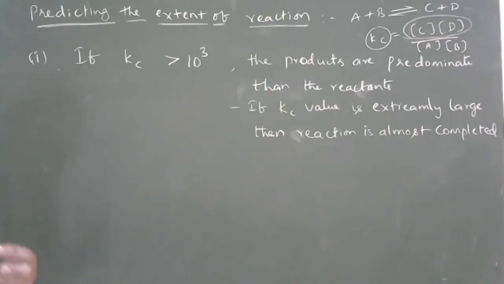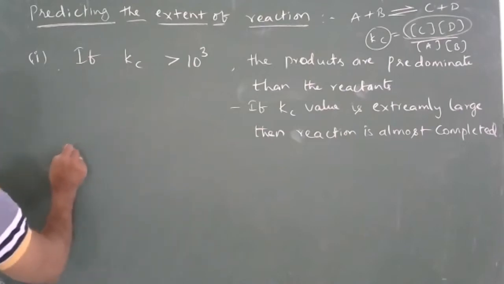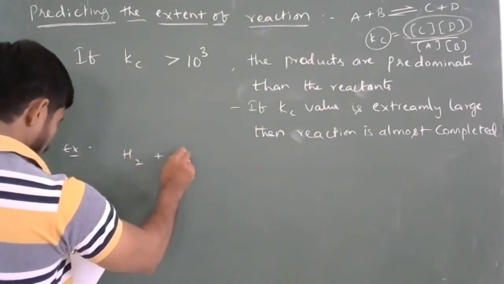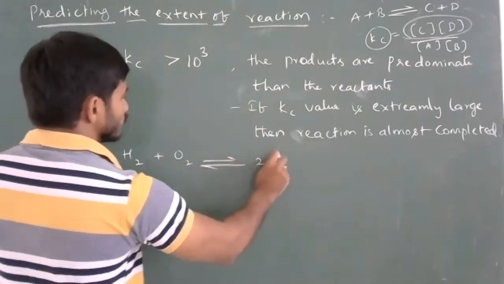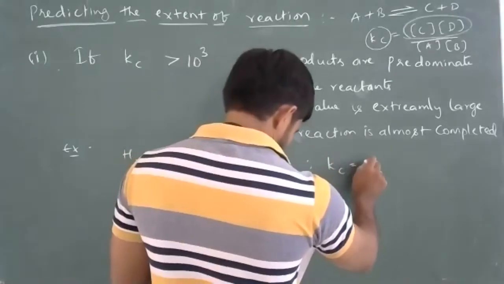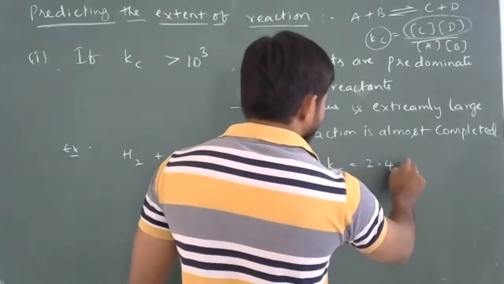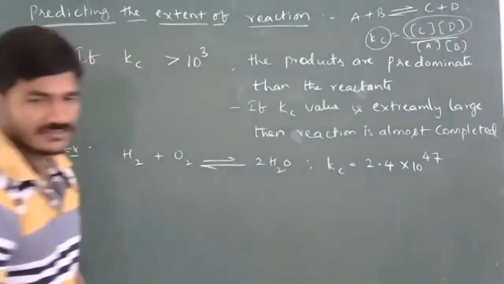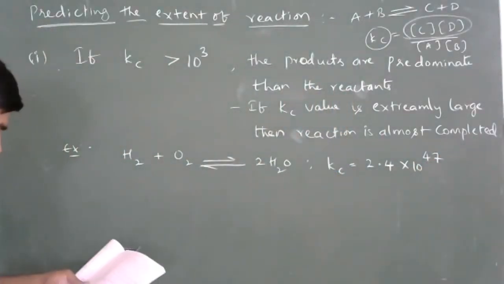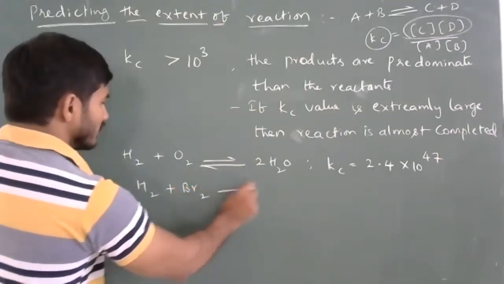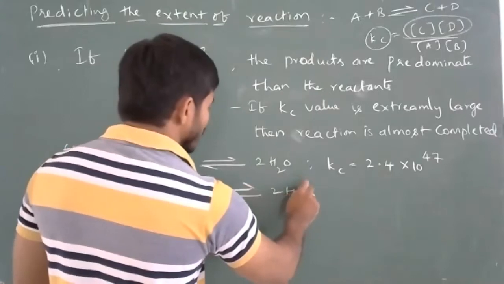Okay, here I will take a few examples. H2 plus O2 gives rise to 2H2O. The Kc value for this is 2.4 into 10 power 47. Another reaction: H2 plus Br2 converts into 2HBr.